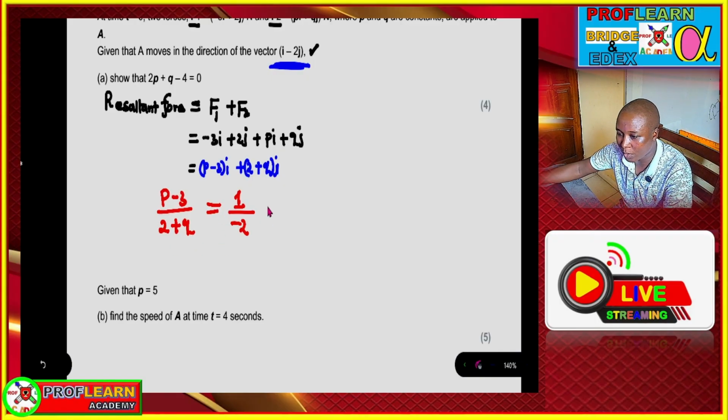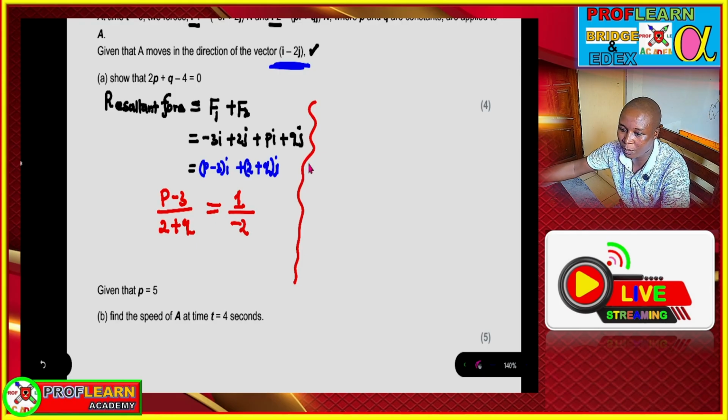Then we can cross multiply. If we cross multiply here, we shall have 2P minus 6 equals 2 plus Q. If we put the like terms together, we shall have 2P. Okay, I think I'm not taking care of the sign properly. Those are the areas where you need to be very keen.